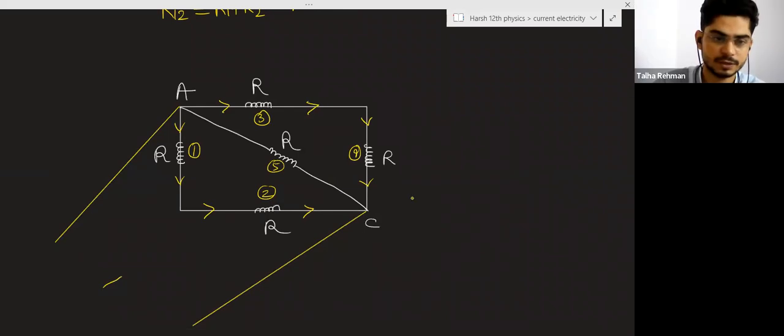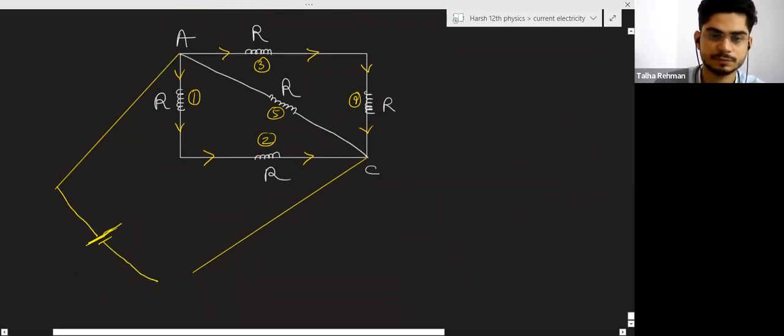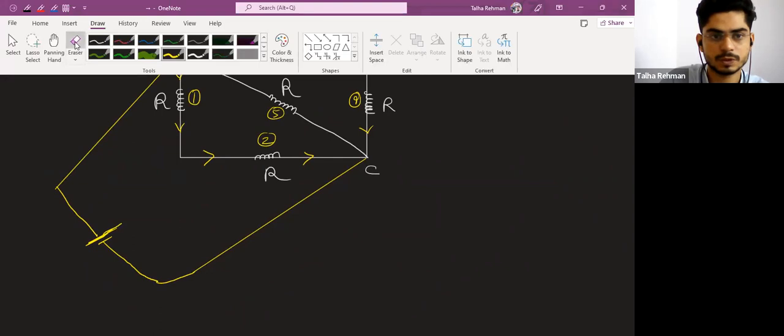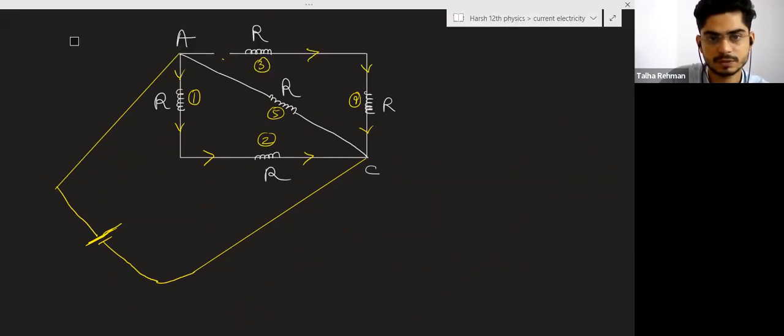We have connected this with a battery like this.